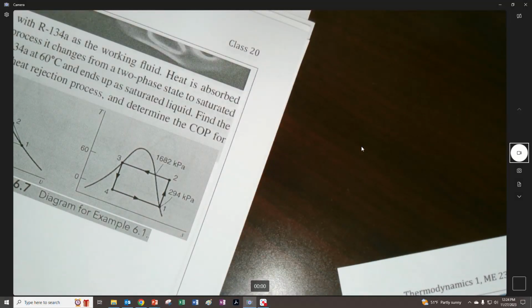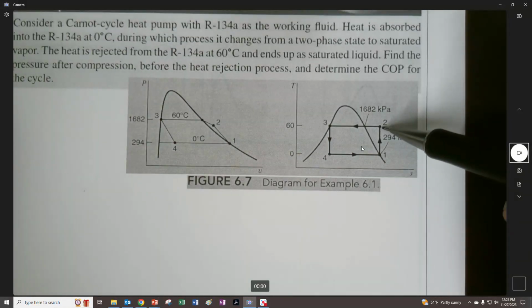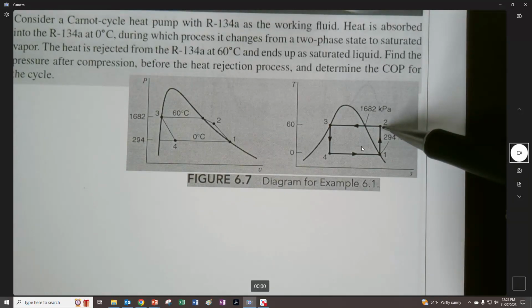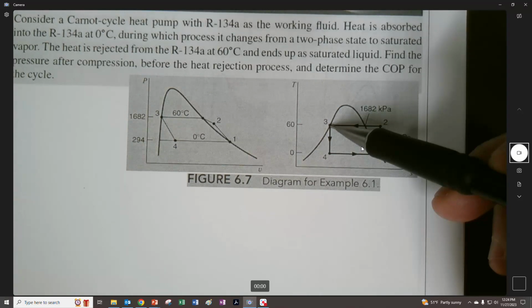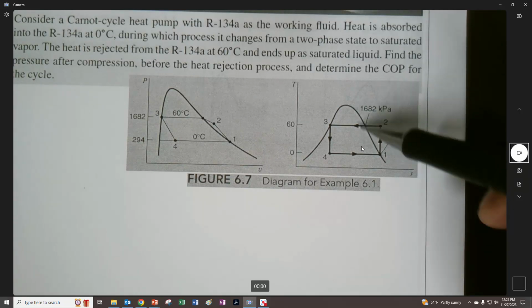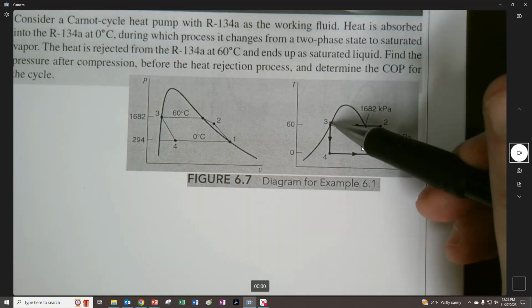So let's take a look at how that looks again on here, right? We're starting right here where we're compressing the thing up, and then we are taking heat from the outside. Is that true? No. We are compressing it out. We are letting heat come outwards, yes, come out into the room, and then we are expanding it.